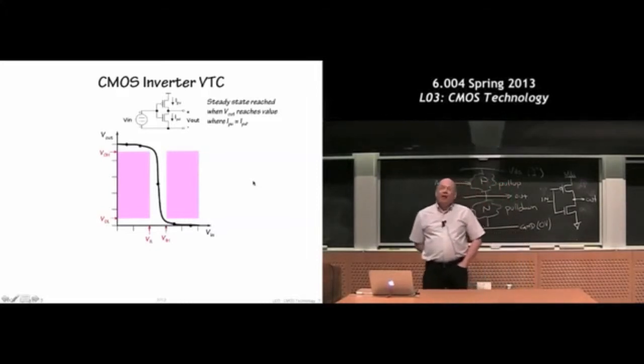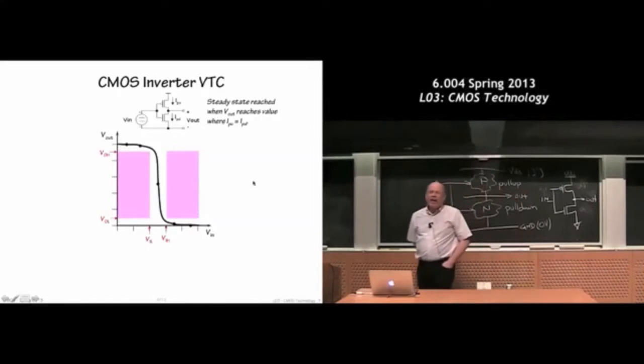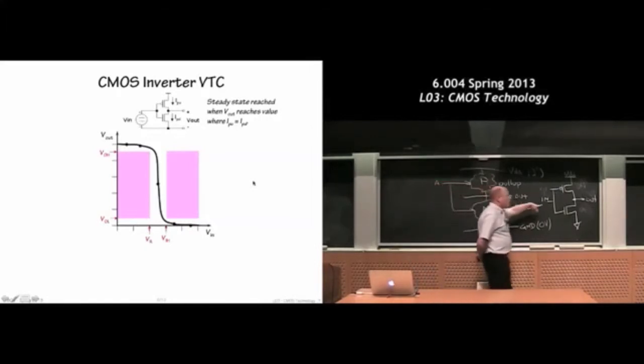Okay, and we're going to build some other logic functions in a moment using more complicated switching networks. But in general, we're going to use these switching networks to make the output charge up through the pull-up path or pull down through the pull-down path, as best we can. Now, my question to you is, what happens if I put an intermediate voltage in there?